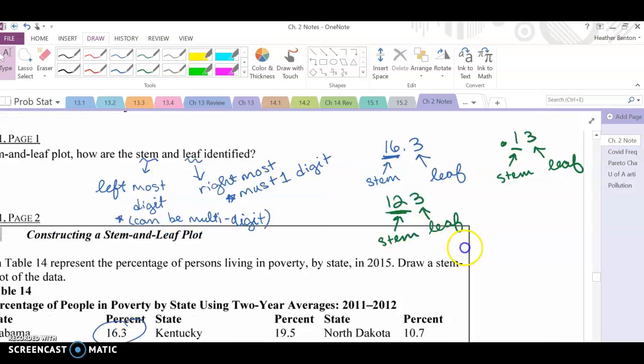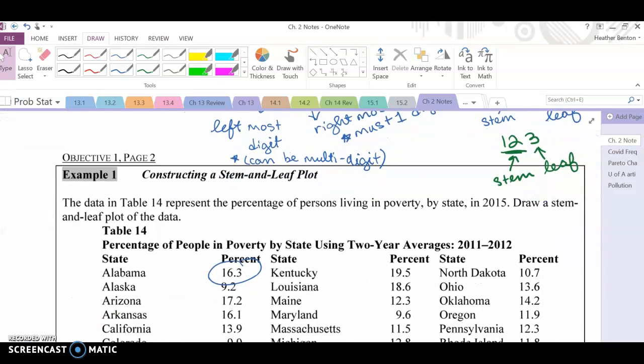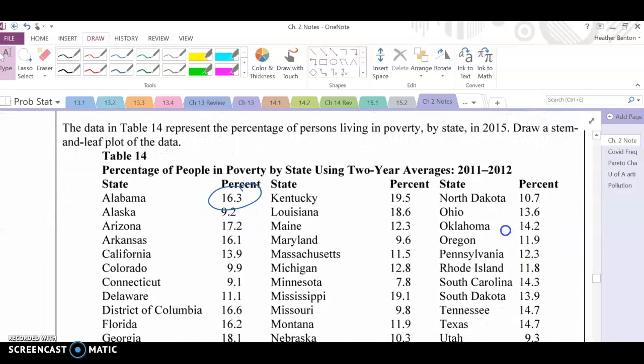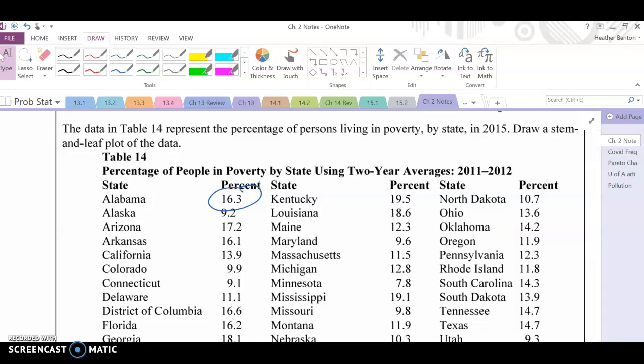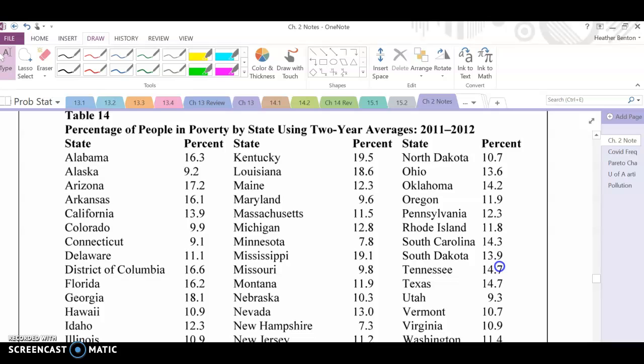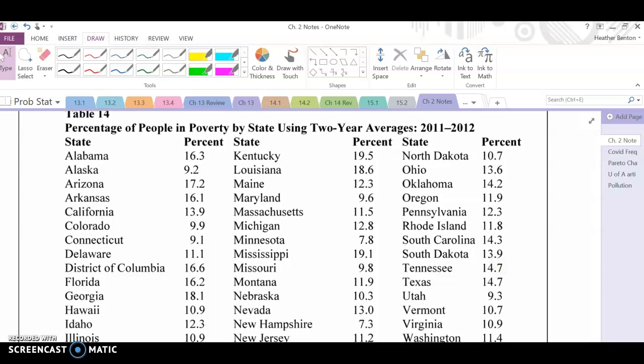Anyway, it just matters that you take that last digit and make it the leaf, and everything to the left is the stem. Okay, so here we have data below, and it's about people in poverty by state, and then you're going to draw a stem and leaf plot. So it's a percentage of the people in poverty by state using 2-year averages.